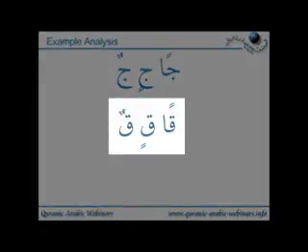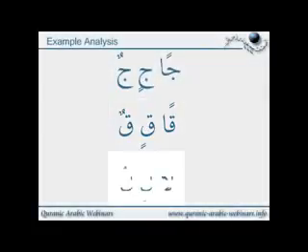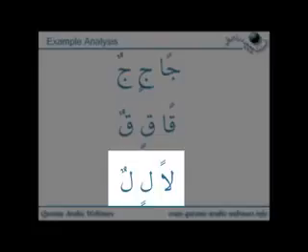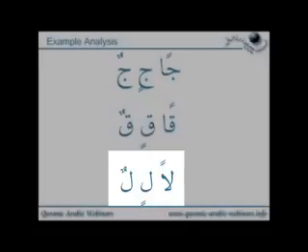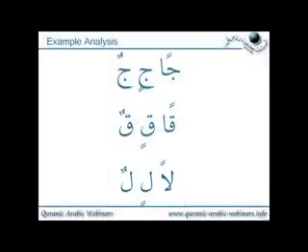With one of the tafkhim letters, so with qaf, it will be qan, qin, qun. And with lam, we have lan, lin and lun. So that was just to give you an idea how the tanween sounds operate across the alphabet.